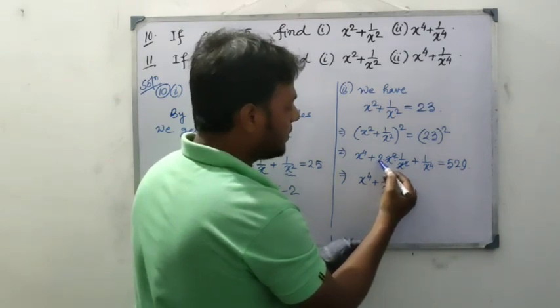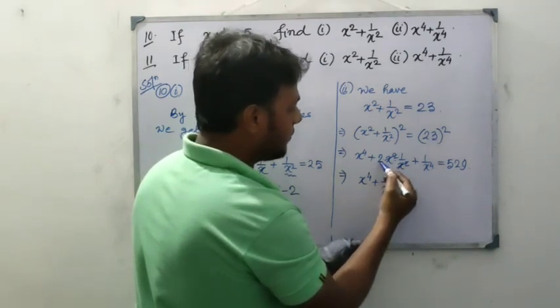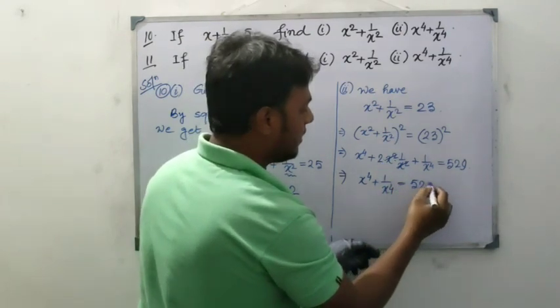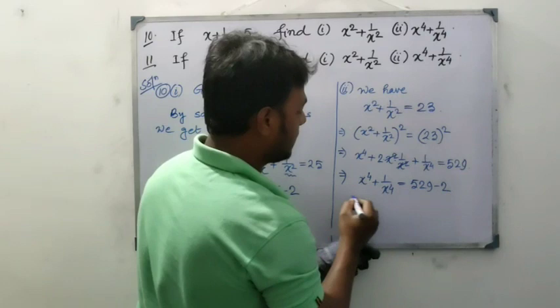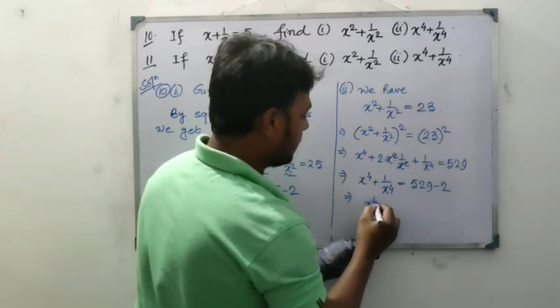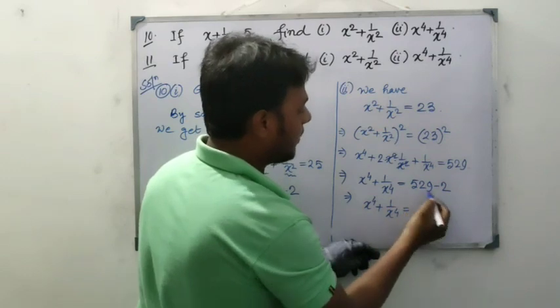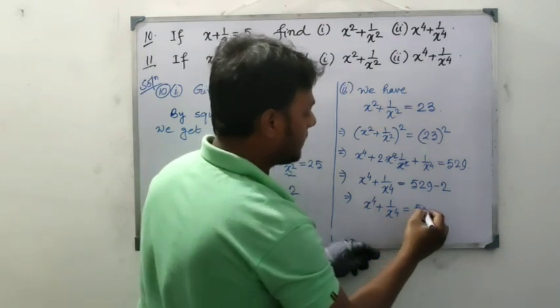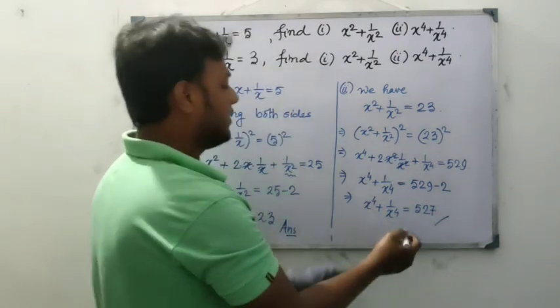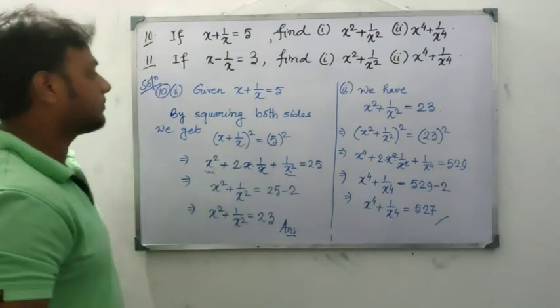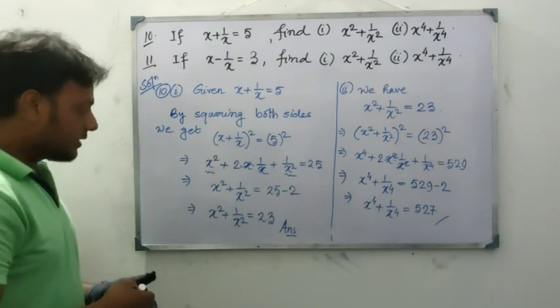If we take this term to the right hand side, then it will be 529 minus 2. So it implies that x to the power 4 plus 1 by x to the power 4 equals 527. This completes the solution. This is the second answer and this is the first answer. This is one way. There is one more way as well.